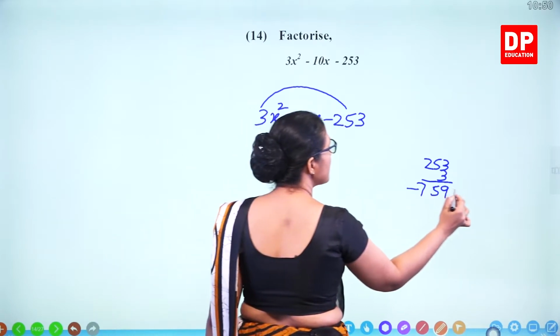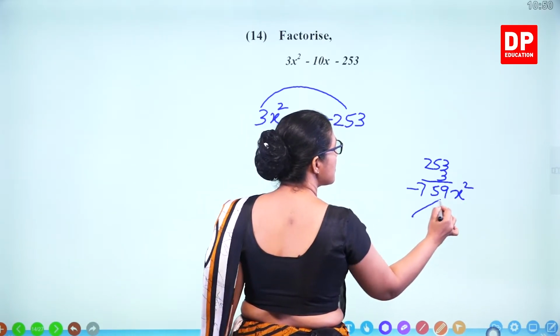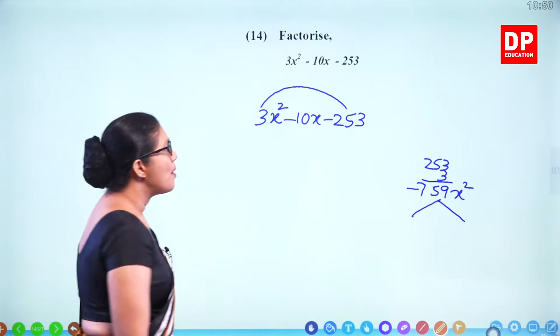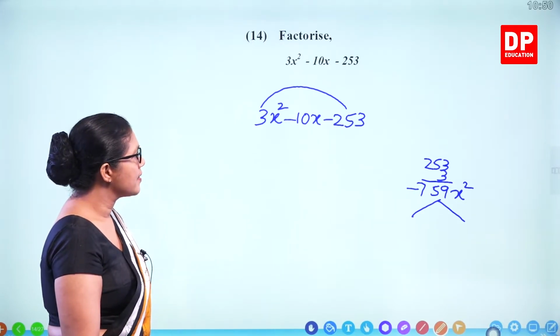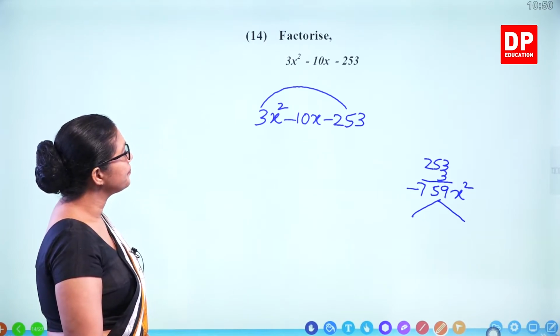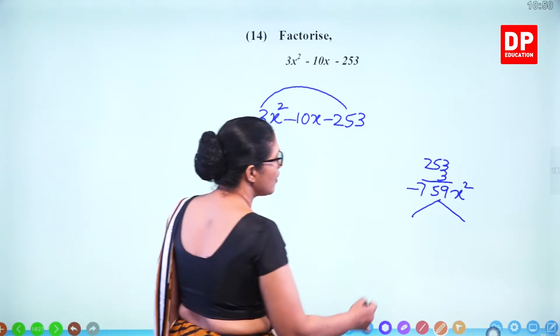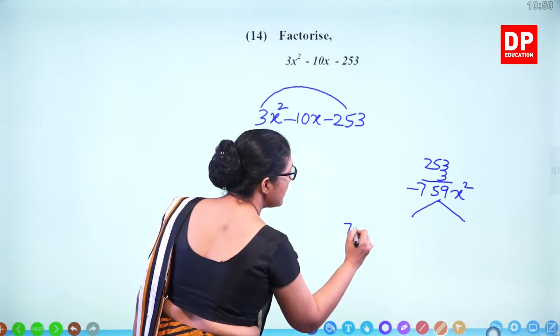Find out the factors of 759. The middle term should be minus 10, so you need a difference of 10. So first we can divide and see.